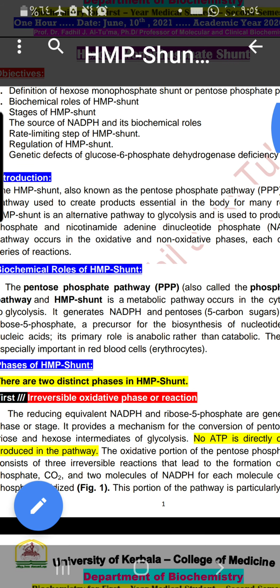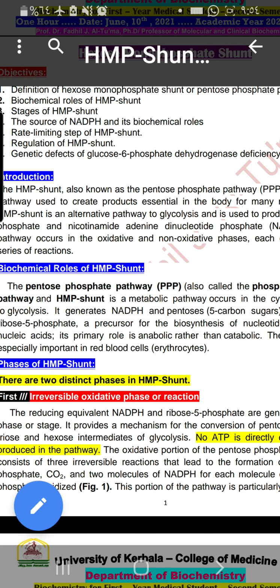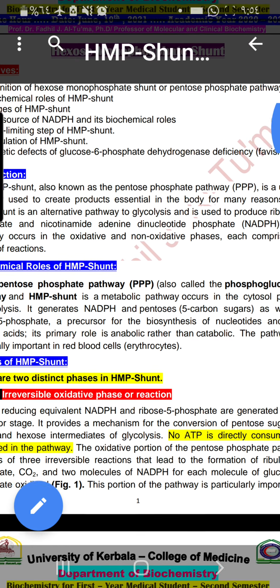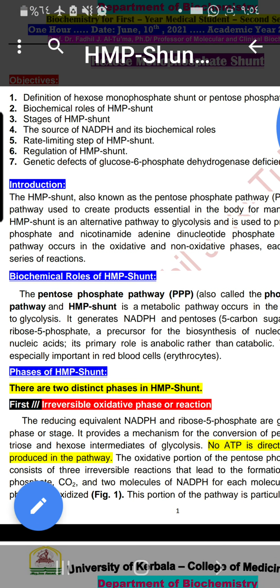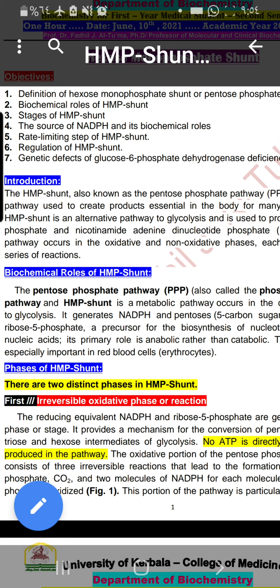Started with glucose 6-phosphate. The HMP shunt is an alternative pathway to glycolysis in which about 30% of glucose molecules enter the HMP shunt, and the remaining 70% enter the glycolytic pathway.